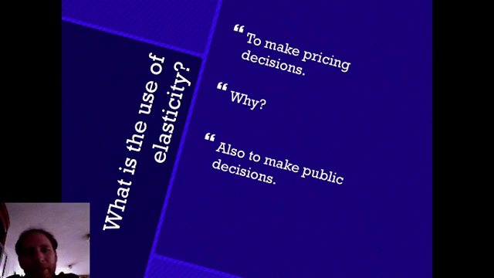Also, we can use elasticity to make public decisions. As we're going to see later, for example, government could know that if some drugs have a high and negative elasticity, it could be convenient to increase the price of these drugs so that people could stop consuming them. So we will see that elasticity will also be useful to make public decisions. Okay.